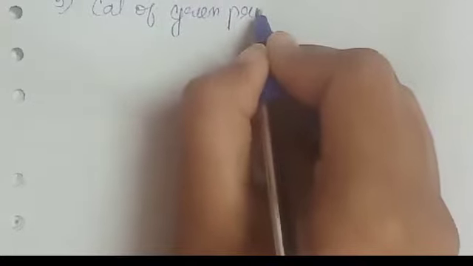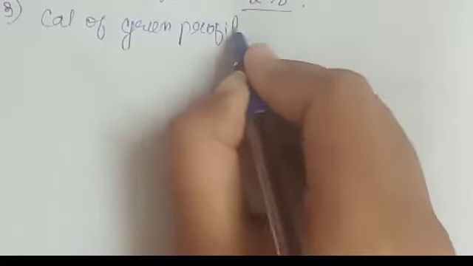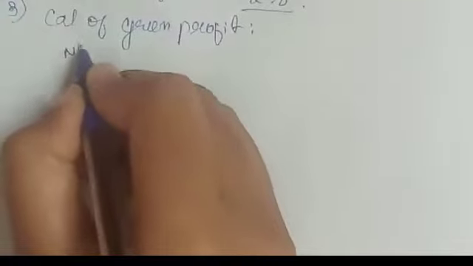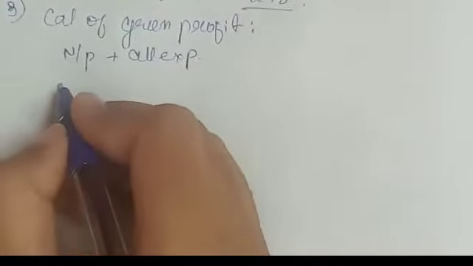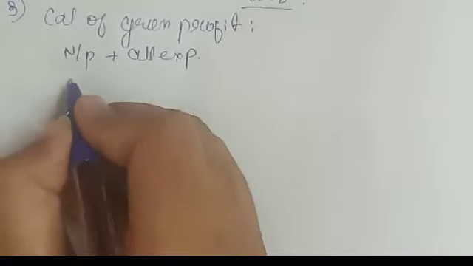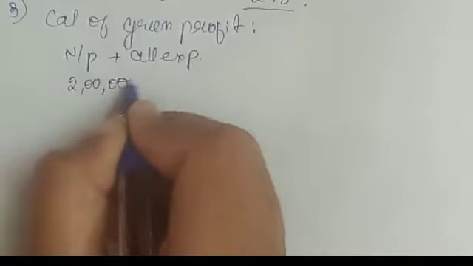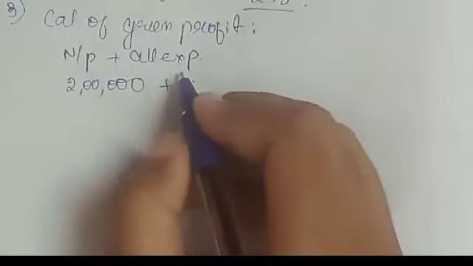Working note number 3, calculation of gross profit. You have net profit plus all expenses. How much is the net profit? 2 lakhs, plus all the expenses.